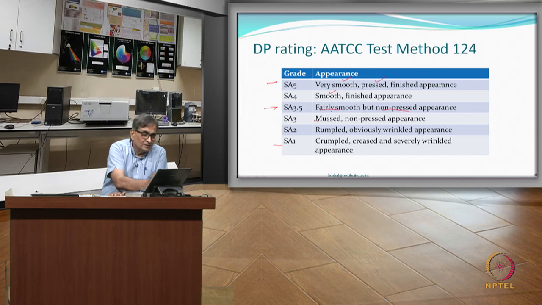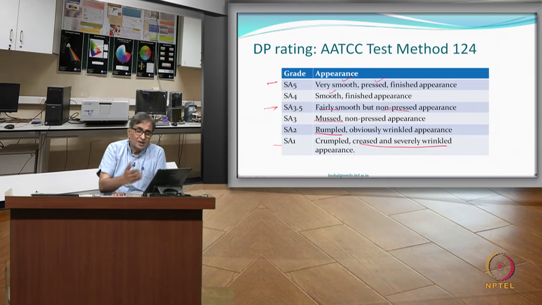SA3 is mussed, it looks as if somebody has crushed it a bit, used, and non-pressed appearance. SA2 is rumpled, and SA1 is actually creased and severely wrinkled. If this is the kind of appearance that you have, people will give these kind of ratings.